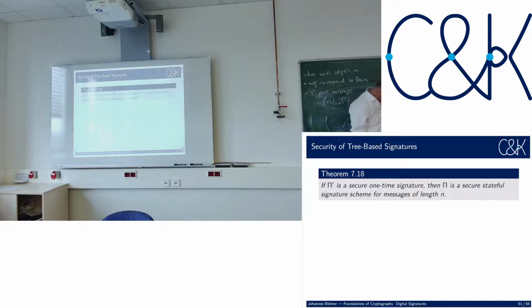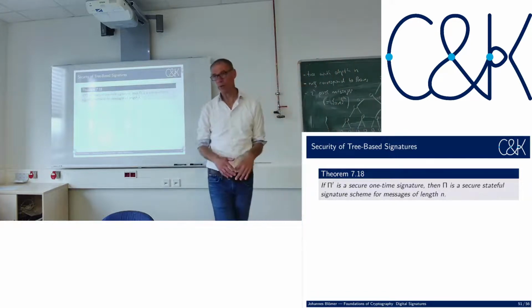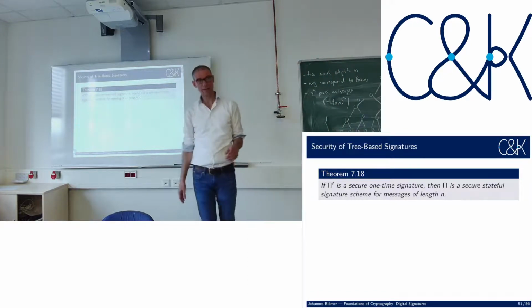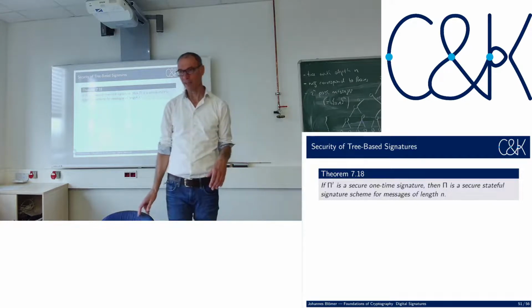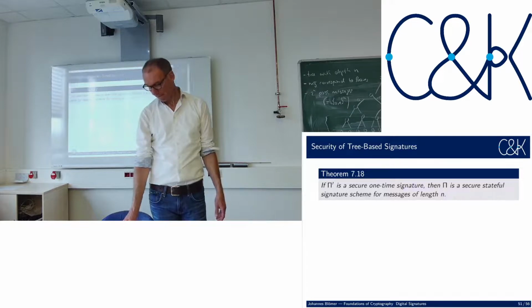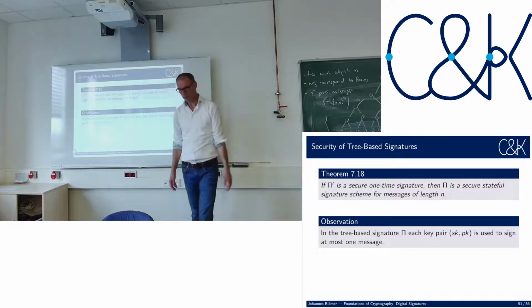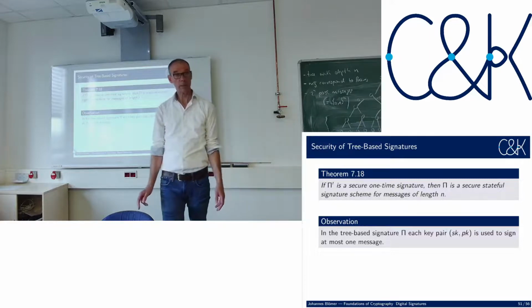And the secret key stored in the leaf is used to sign the message, but nothing else. And that's good enough. The formal proof is a mess because there are so many indices involved that you don't really want to do it. And this is the key observation that we have.